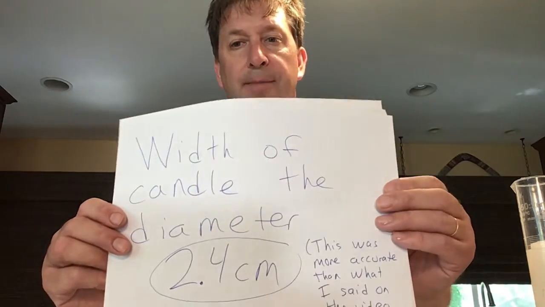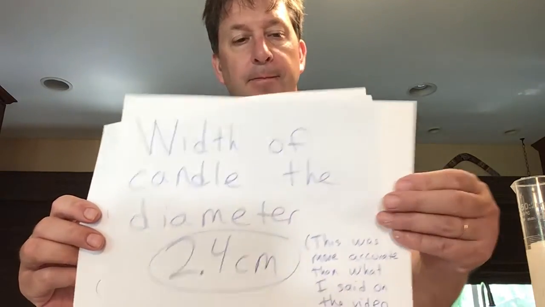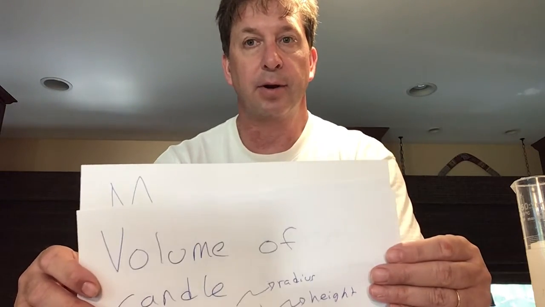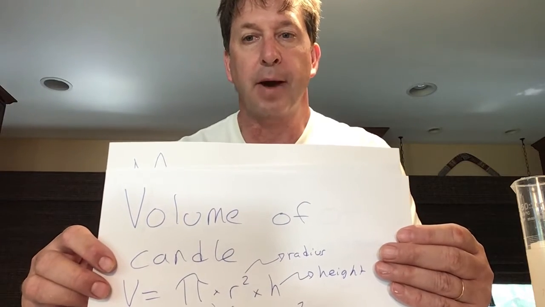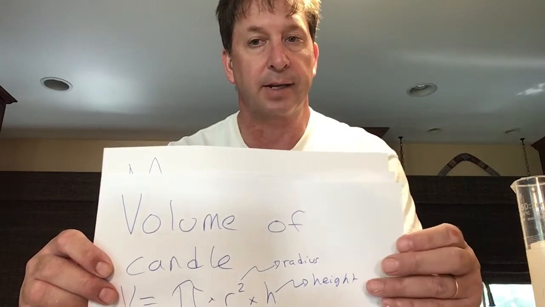The width of the candle I measured more carefully to be 2.4 centimeters. The volume of the candle you should be able to calculate using the diameter and the height. As a reminder, volume equals pi r squared times height. Make sure you are using the radius and not the diameter.